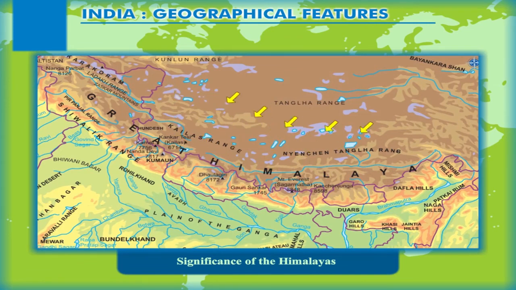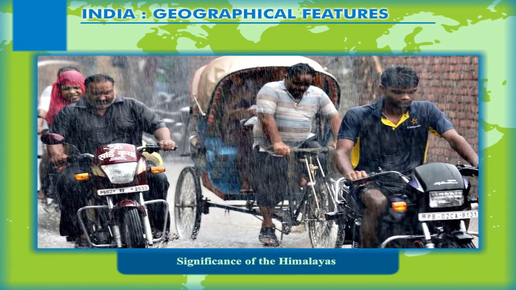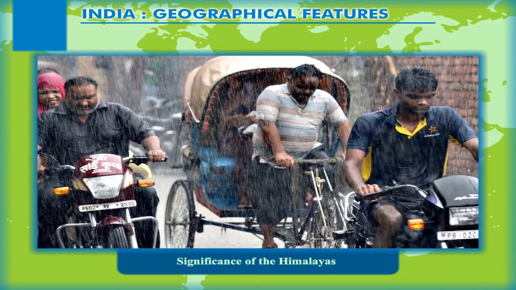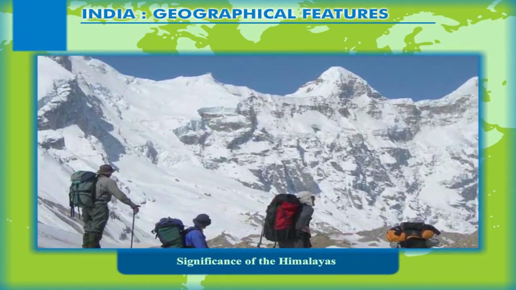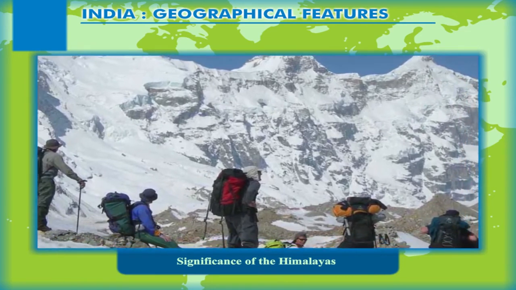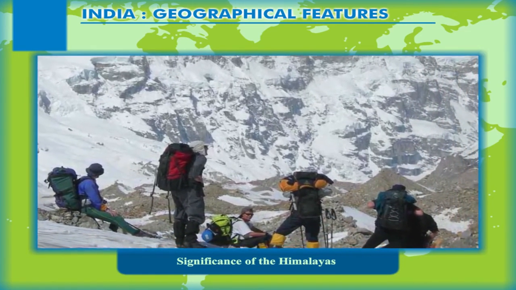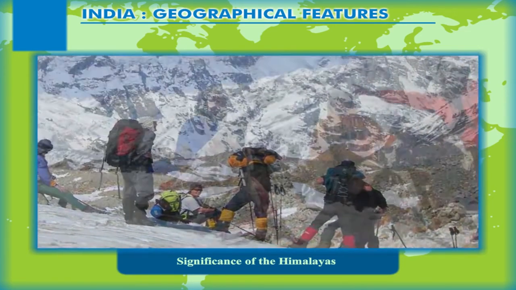The climatic conditions of India are also affected by the Himalayas. This climatic divide prevents the cold winds from northern Asia entering India. They also block the path of the moisture-laden monsoon winds and thus help in causing rainfall in India. The Himalayas are famous all over the world for their scenic beauty with lofty snow-covered peaks, beautiful valleys, and the pleasant climate of several hill stations.